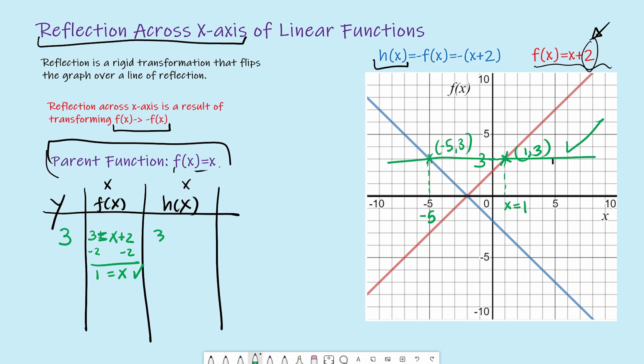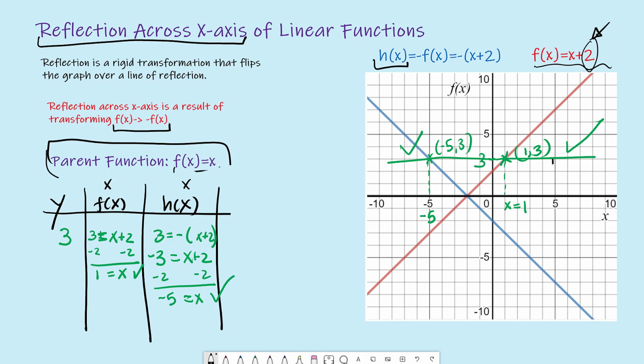Well, we get 3 equals -x plus 2. Let's multiply by -1, so we get -3 equals x plus 2. Let's subtract 2 from both sides, and we find -3 minus 2 is -5 equals x. And again, that agrees with what we found graphically. So we can go in both directions and prove that that is really our reflection.